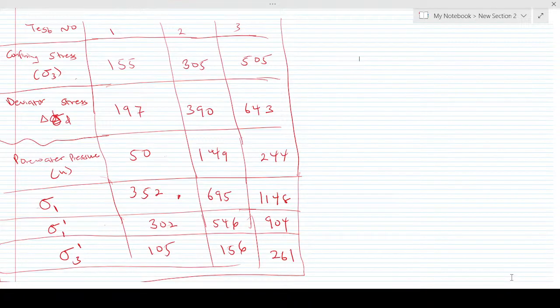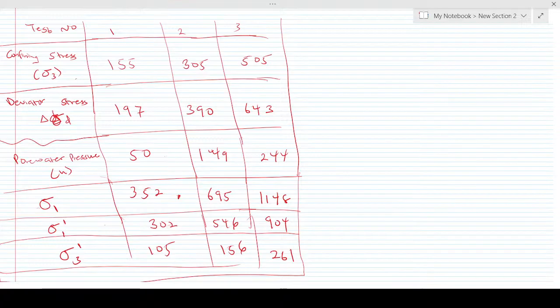But you're not going to draw them on separate graphs. I'm going to draw them on the same graph. So now this is what you can do.